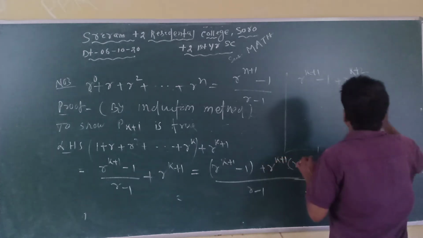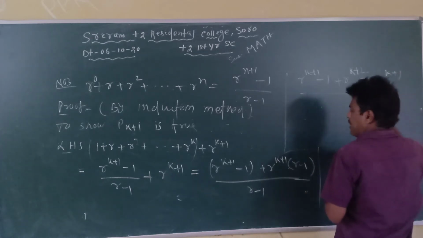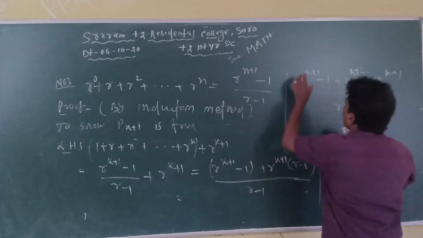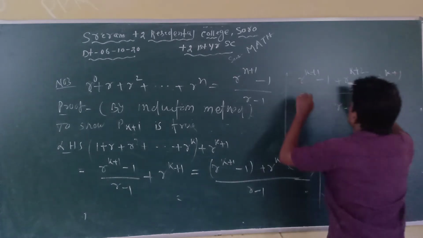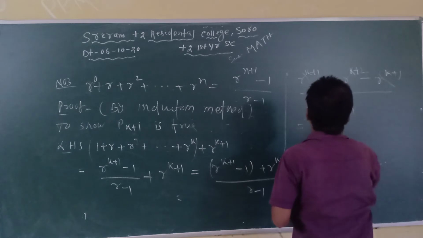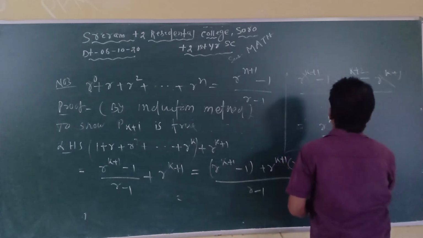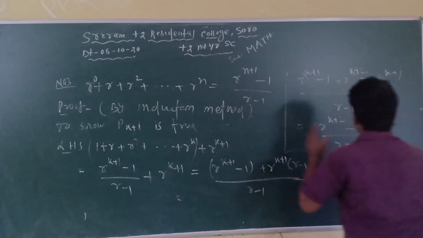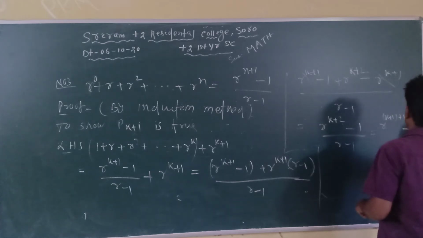Then minus r to the power k plus 1, divided by r minus 1. You look, r to the k plus 1 is positive and negative r to the k plus 1, that part is cancelled, so that becomes r to the power k plus 2 minus 1 by r minus 1. For better understanding, I can also write r to the power k plus 1 plus 1 minus 1 divided by r minus 1.